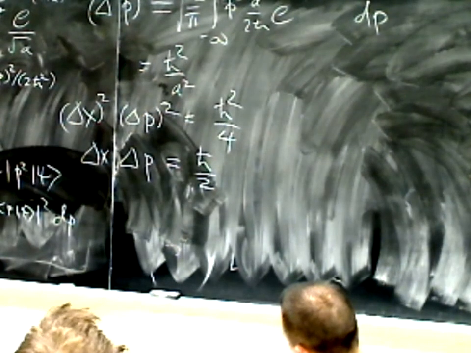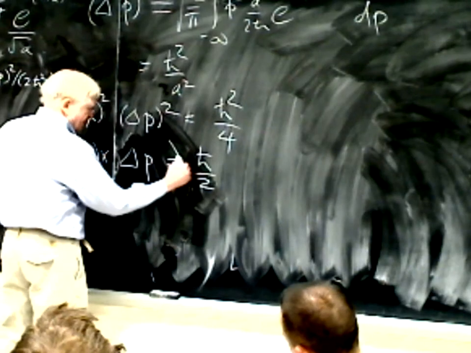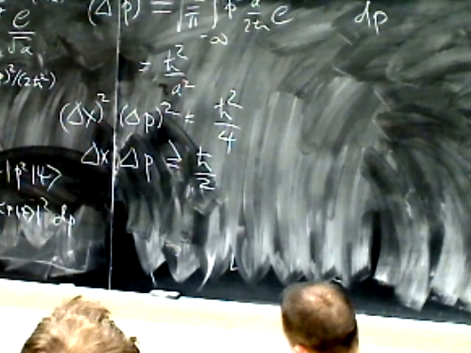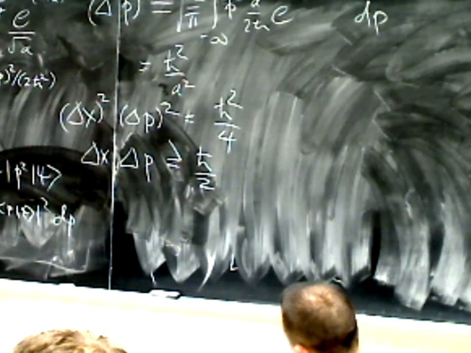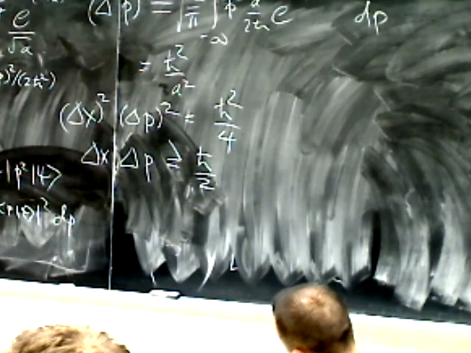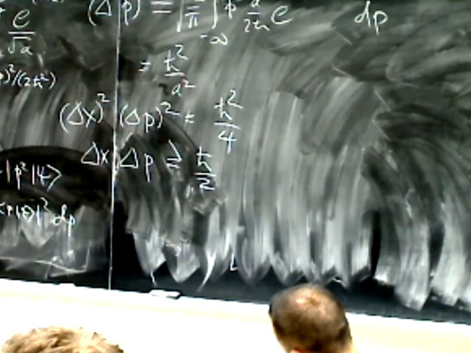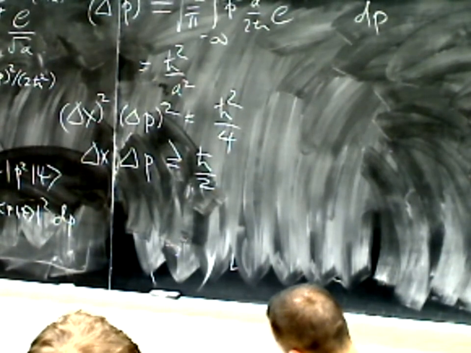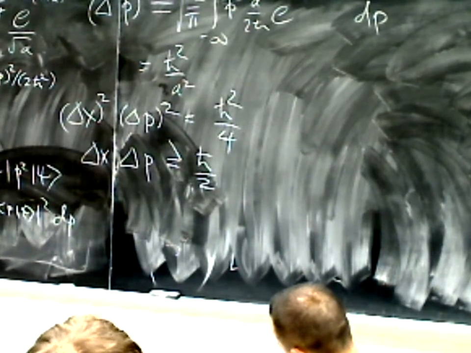The Heisenberg uncertainty principle says this is greater than or equal to. In this case, we saturate the lower bound. That is to say, Gaussians are minimum uncertainty states. And in particular, the coherent state is also a minimum uncertainty state. It's a Gaussian also. All right. Any questions? So this is an example of the uncertainty principle.